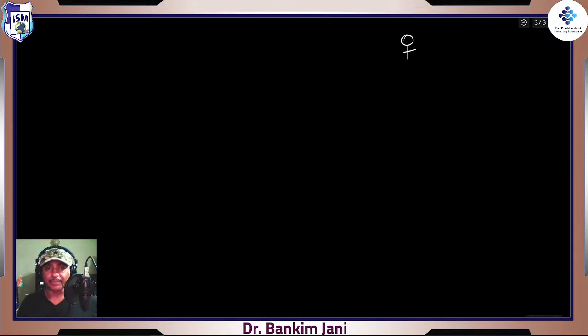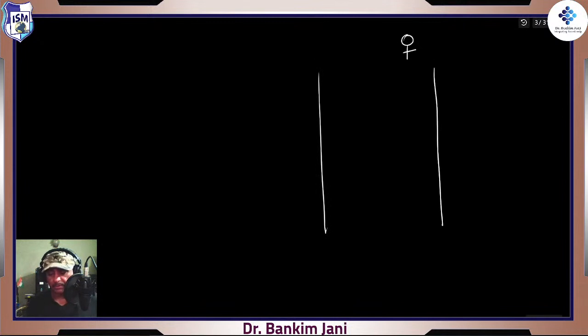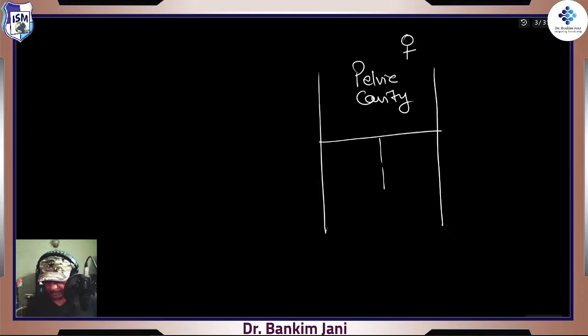So, when we really draw this, same as our standard, we draw it like this. There would be the pelvic cavity, correct? And then the pelvic diaphragm, interischial line. This is the urogenital region, correct?